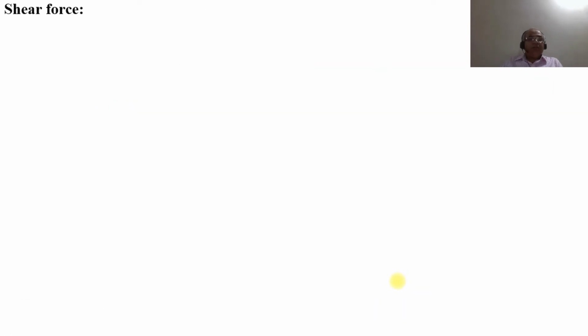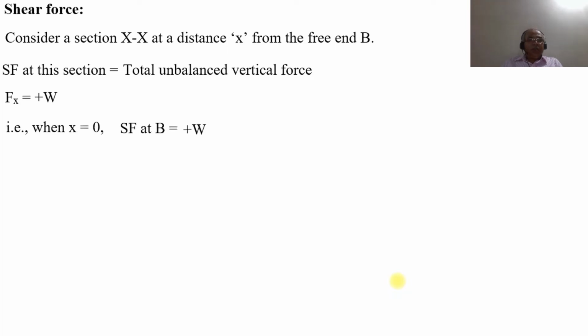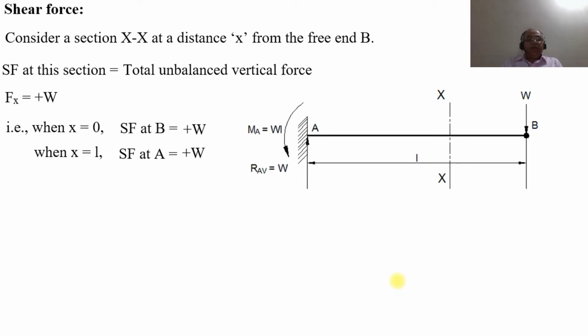Now, considering the shear forces, consider a section at a distance x from the free end. What is the SF at this section? SF at this section is nothing but the total unbalanced vertical force.